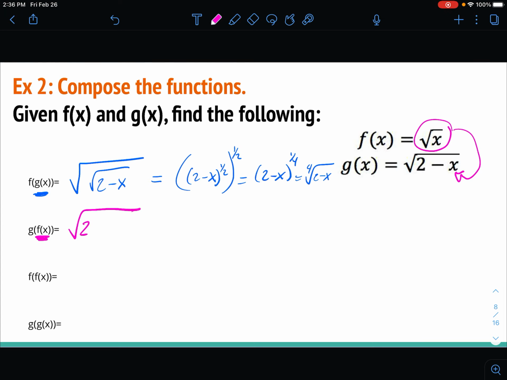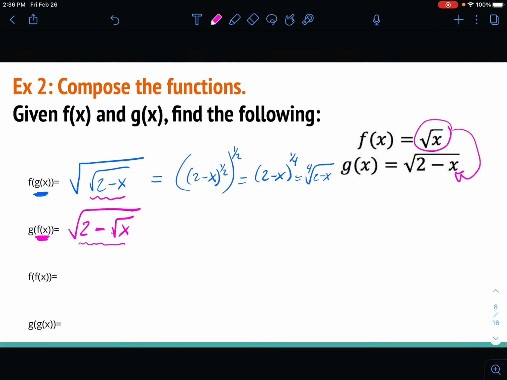So it's the square root of 2 minus the input. What's the input? Square root of x. Okay, now at this point, you might be like, oh, well, let's go ahead and do the 1/2 and everything else for the exponents. This is not going to work out quite as cleanly because the entire inside is not part of a radical like this one was.